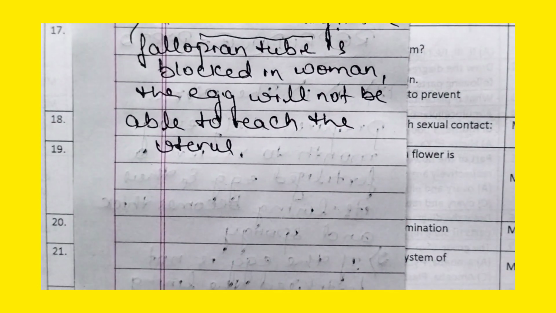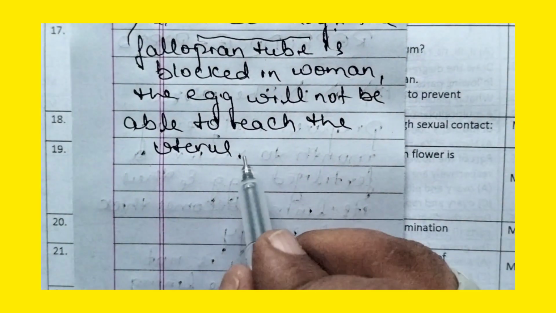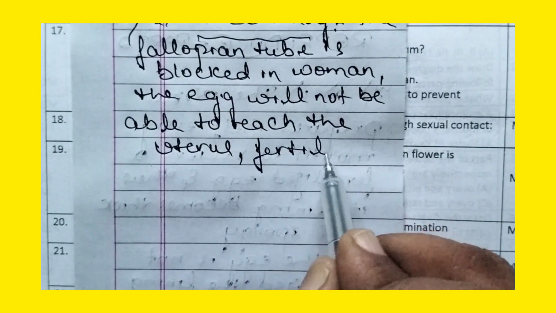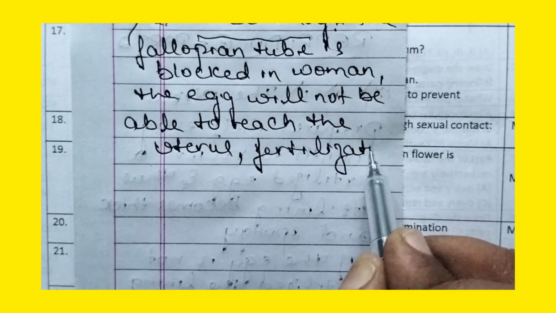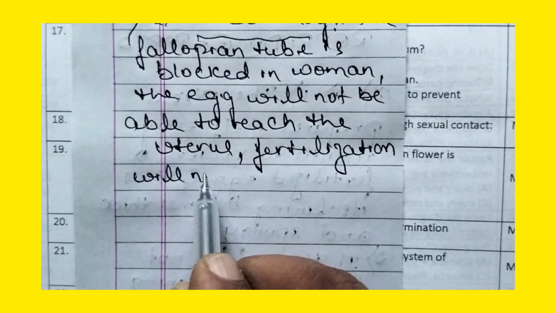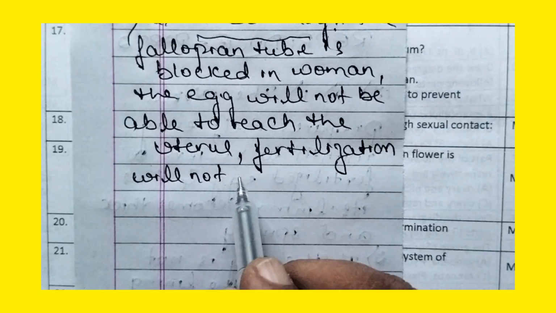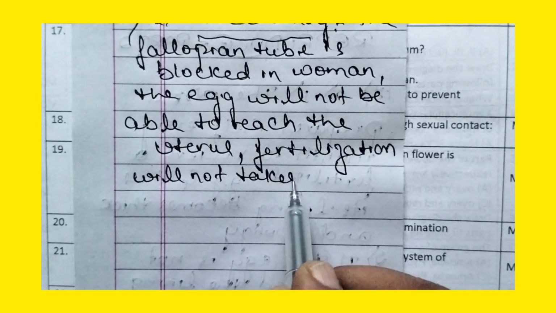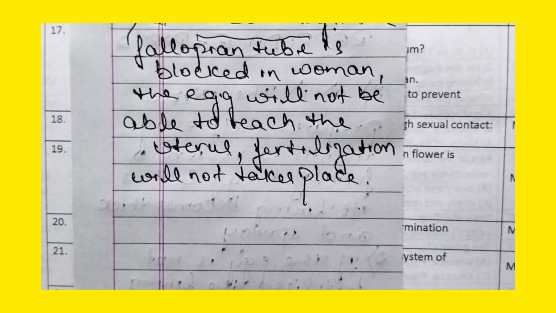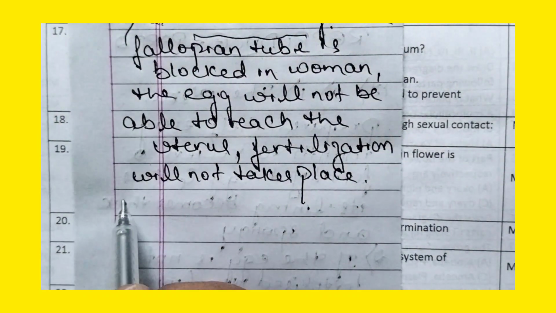If the egg cannot reach the uterus, fertilization will not take place, because the egg cannot meet the sperm, or the sperm cannot meet the egg. This is the first point.